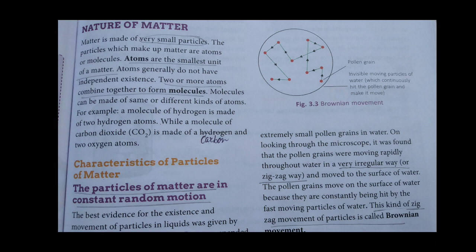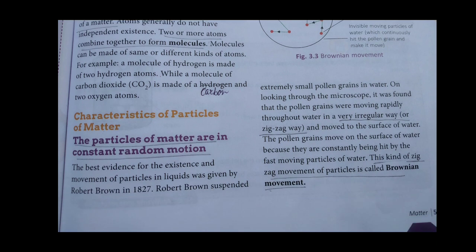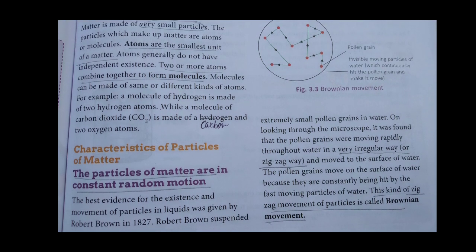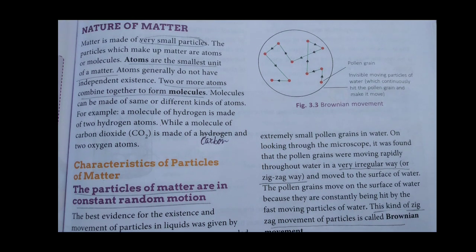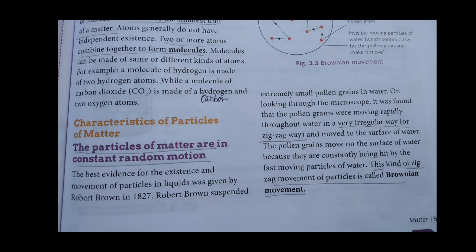right? It was shown by one of the scientists, Robert Brown, with his experiment. When he put some pollen grains in the water, he saw that they were moving very, very fast in the water, and that movement he named Brownian movement.